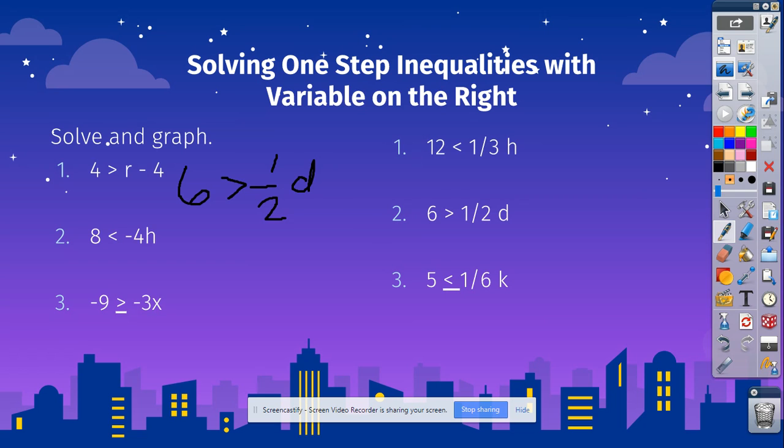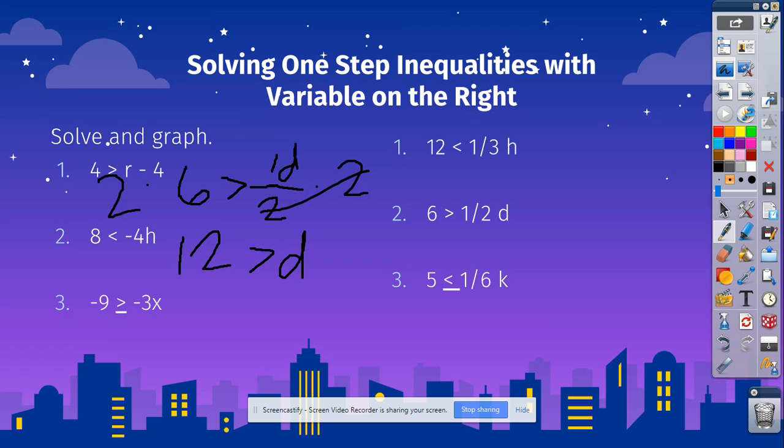So if I were to change this and group the variable with a numerator, what is happening to the variable? It is being divided. So the inverse operation of dividing is multiplying. So what I do to one side, I do to the other. 2 times 6 is 12. 12 is greater than d.